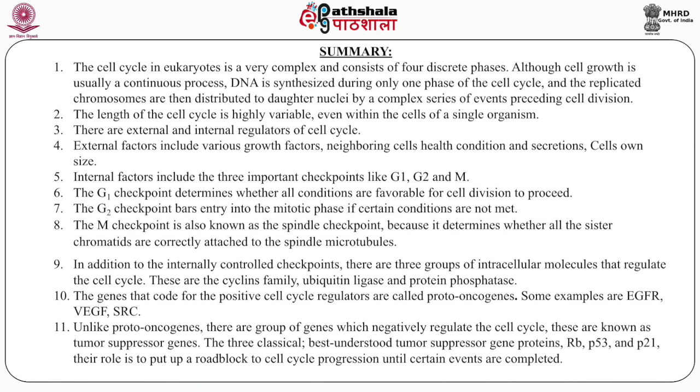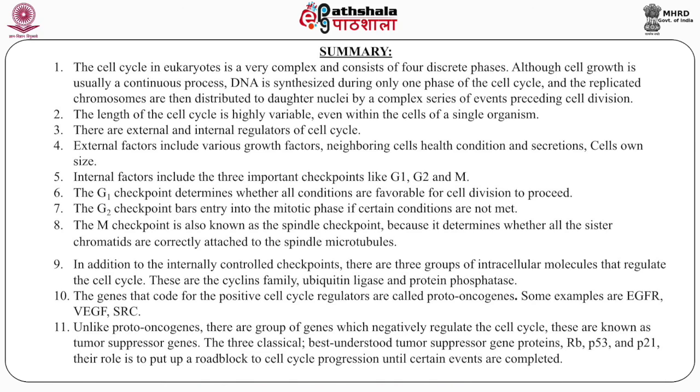There are external and internal regulators of the cell cycle. External factors include various growth factors, neighboring cells, health condition, secretions by the neighboring cells, and the cell's own size. Now, the fifth point is that the internal factors include the 3 important checkpoints G1, G2 and M. The G1 checkpoint determines whether all conditions are favorable for cell division to proceed.